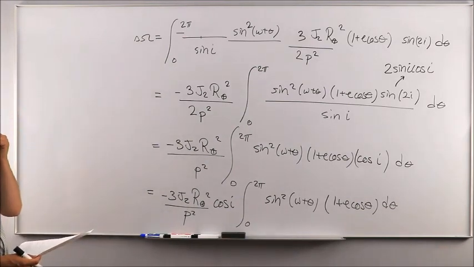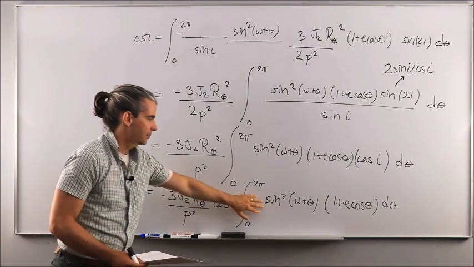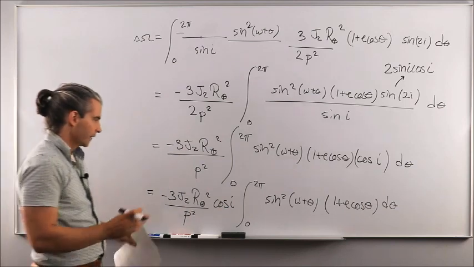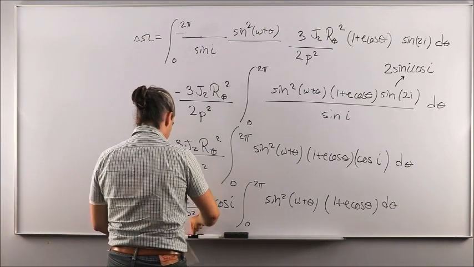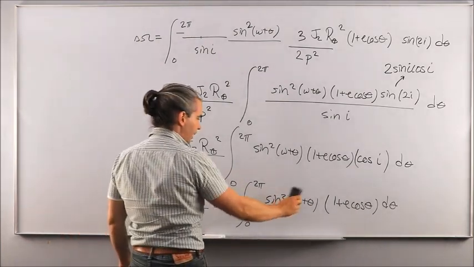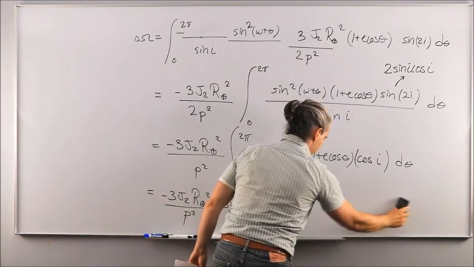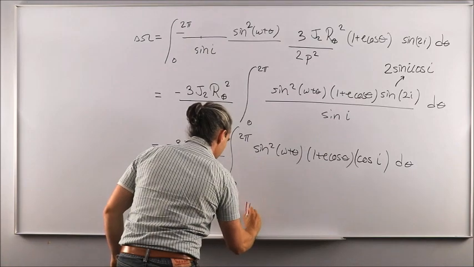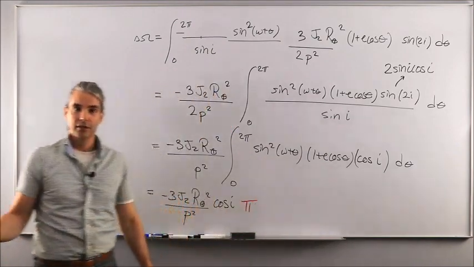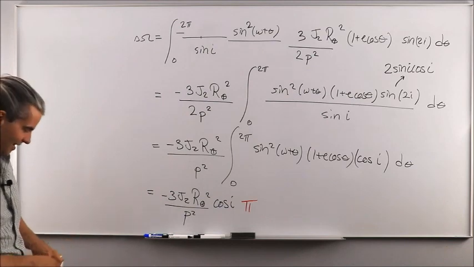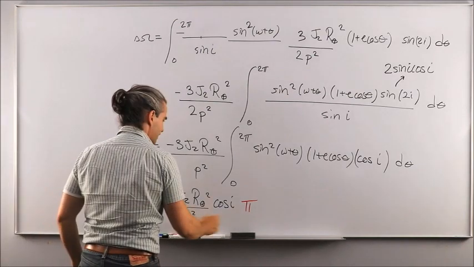Wow. And now we need to evaluate this big integral. Well, we are lucky, my friends, because it turns out that this from 0 to 2 pi is actually equal to pi, obviously, right? You all knew it. No, that wasn't obvious, but this is the result of that, okay?